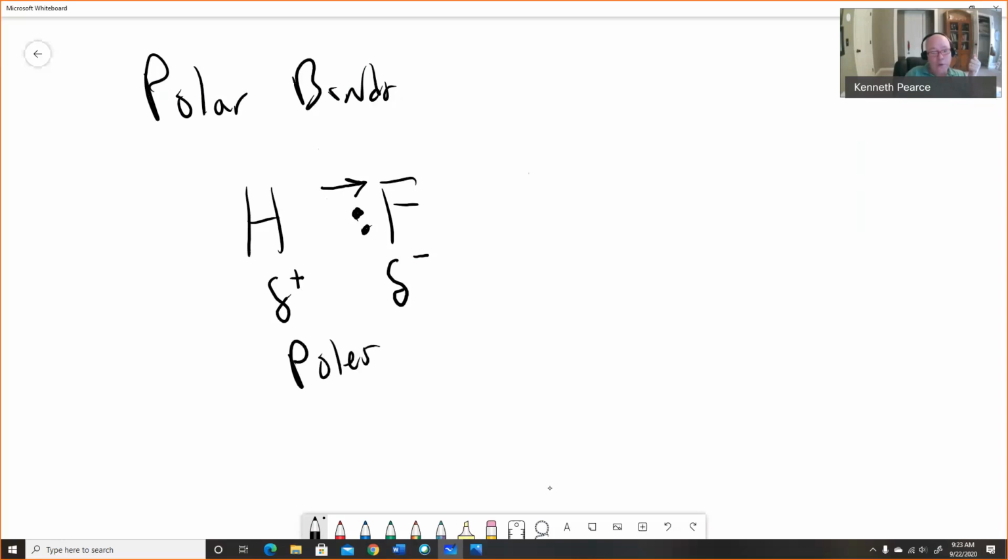These are electron poles. We have a positive pole, we have a negative pole. And so that's what we mean when we say it's polar. So this molecule is polar. It also has a polar bond. Now, the easy way to tell is if you're left to right on the periodic table, then the bond is polar.